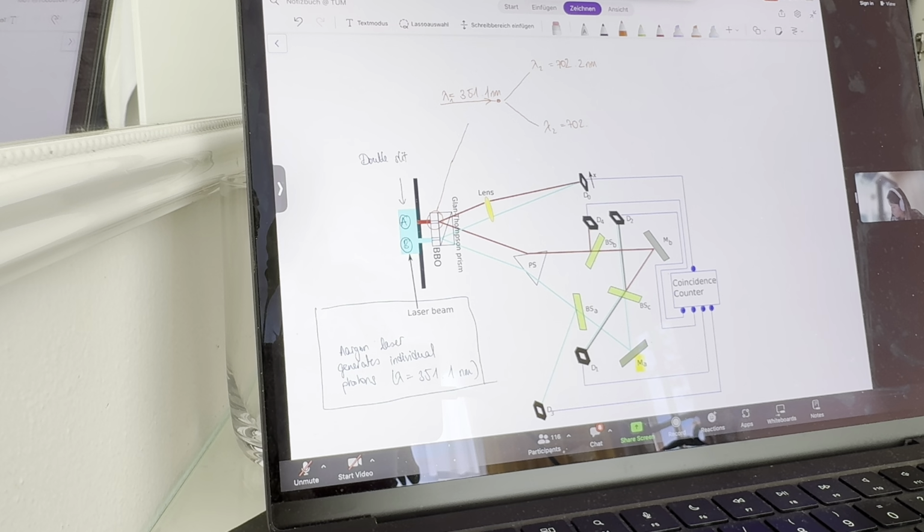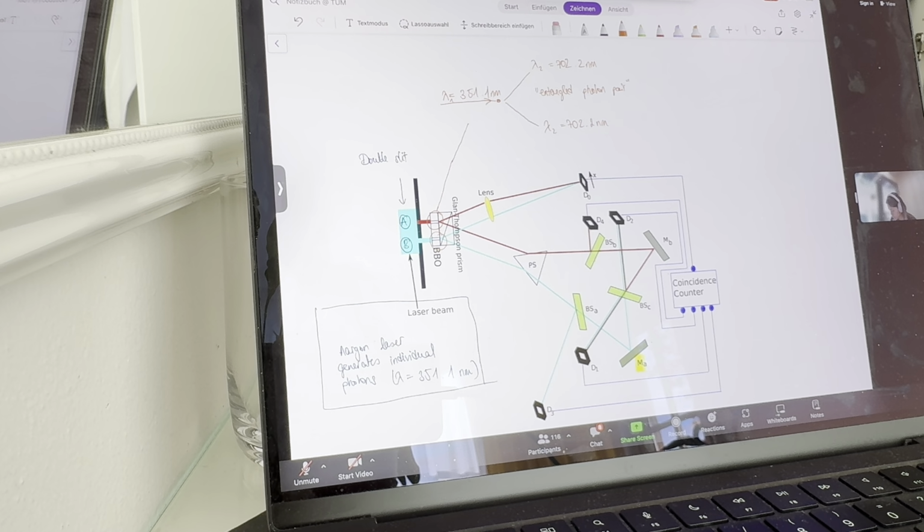And the wavelengths will be in a way such that energy conservation is given, right? Okay, so this is then an entangled photon pair. And the same happens if the photon travels through slit B, okay?